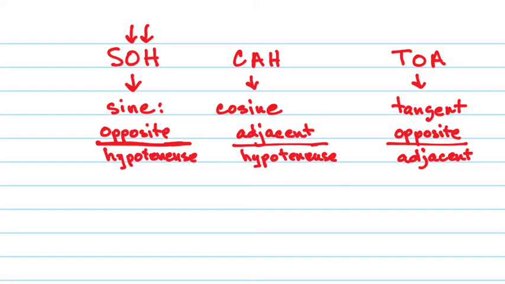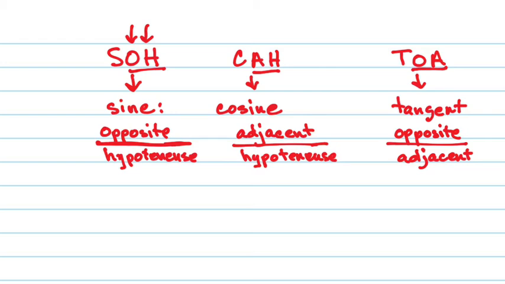Okay? So if you know what these labels are, and you use this mnemonic device, then you could do any trig function. Sohcahtoa. And those are the only three we're going to use. Now, they do have inverses, and we'll talk about those later.